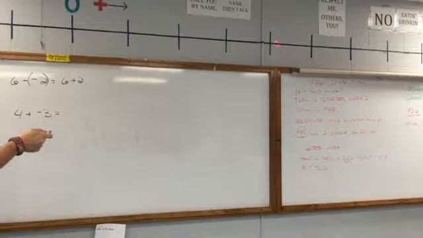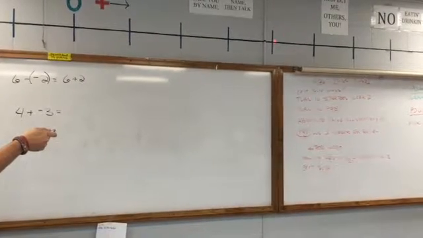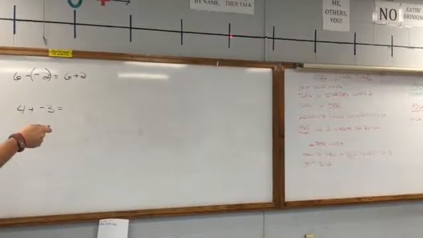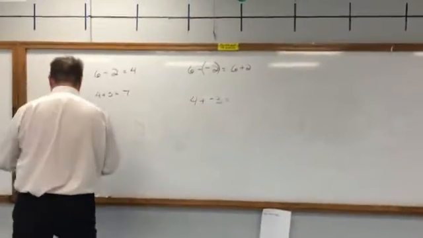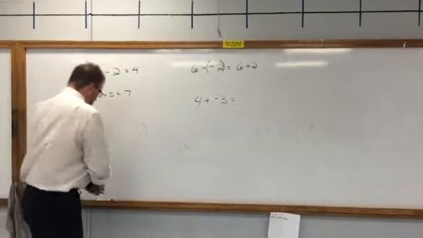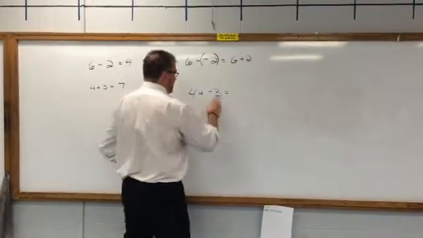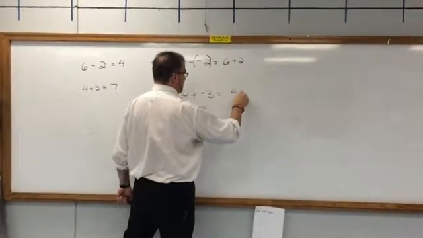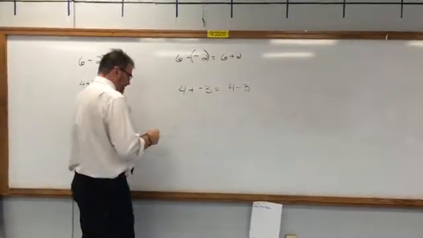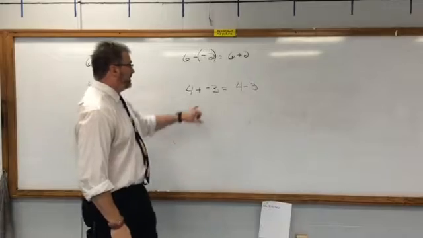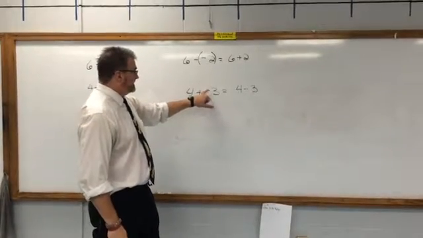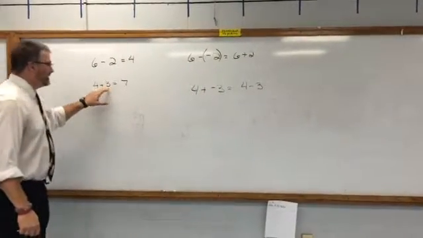And once again, if I cannot go to the right, my only option is to go left. And that is, of course, subtraction. So 4 plus negative 3 can be written as 4 minus 3. Because once again, I can't move to the right from 4 by 3 units, because that would be 4 plus 3.